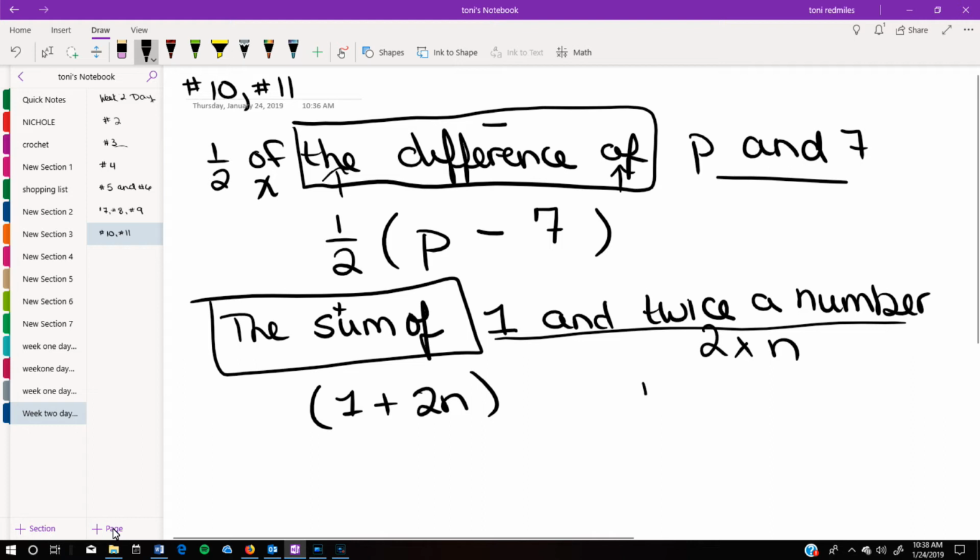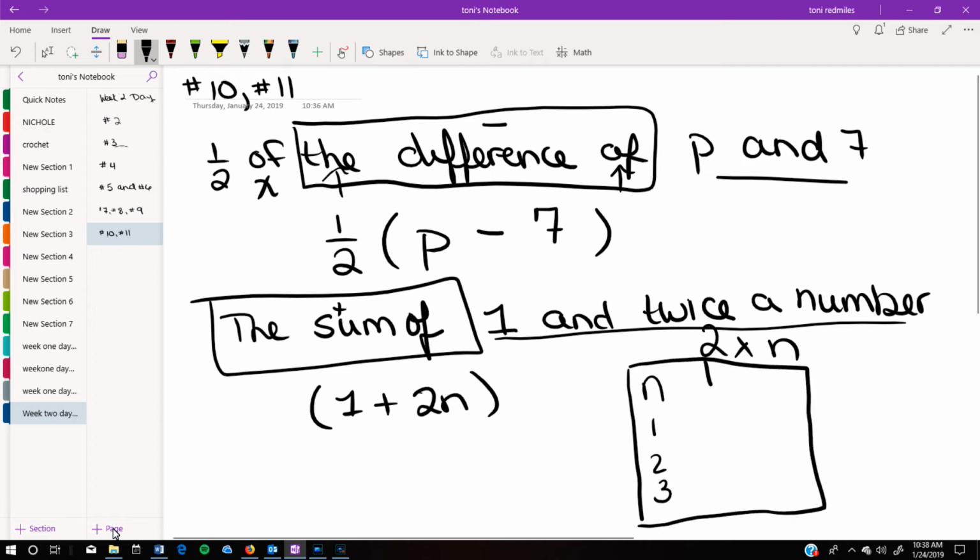Okay, so let's do a little test. We're going to try 1, 2, and 3. And this is actually getting us ready for next week when we're going to be evaluating expressions. So I am going to put these numbers in for n, and we're going to find the answer. So first I'm going to put 1 in for n. Okay, so this means multiplication, so that's going to be 2 plus 1, which is 3.